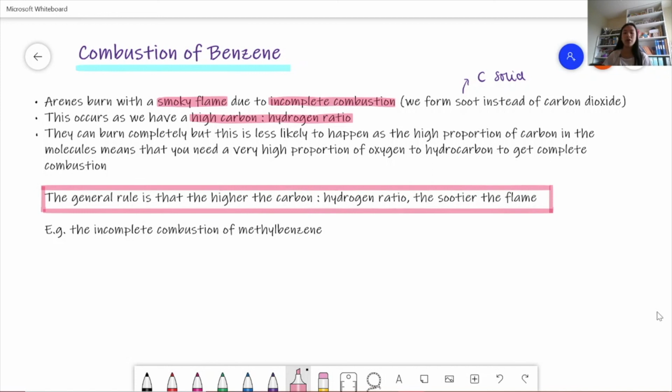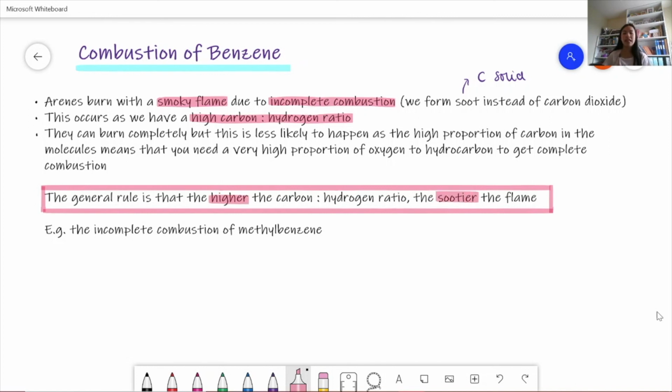Arenes can also burn completely, but this is very unlikely because we have this high proportion of carbon in the molecules. And so that means that we would need a very high proportion of oxygen to the hydrocarbon to get complete combustion. And the general rule we have is that the higher the carbon to hydrogen ratio, the sootier the flame.